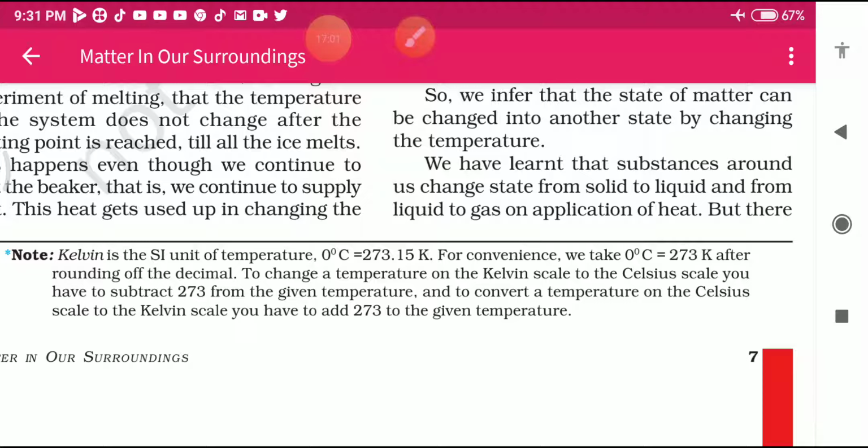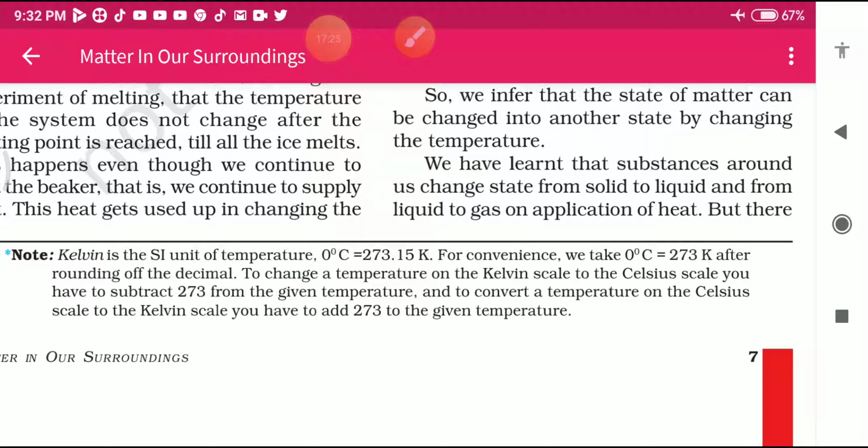To change the temperature on the Kelvin scale to the Celsius scale, you have to subtract 273 from the given temperature. I already explained this. When you convert degrees Celsius into Kelvin, you add 273, and when you have to convert Kelvin into degrees Celsius, you just subtract 273.